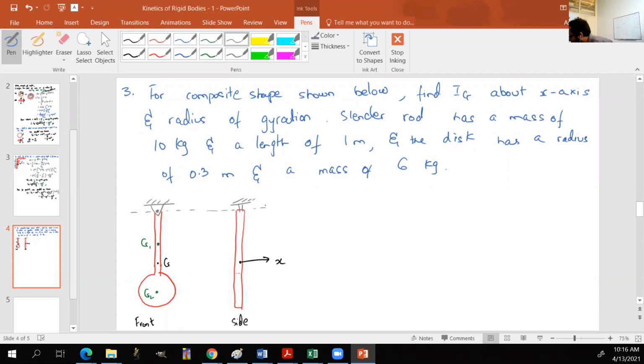Let's say the distance to the point G1, the mass center of the rod, is y bar 1. The distance from the top to the mass center, which we have to find out, is y bar, and this distance here is y2.